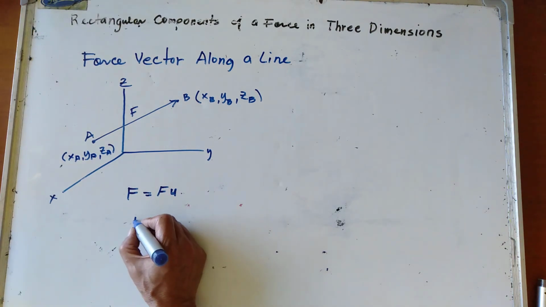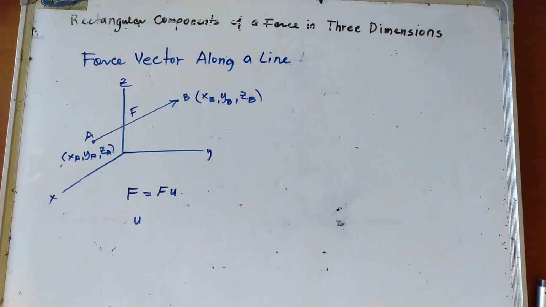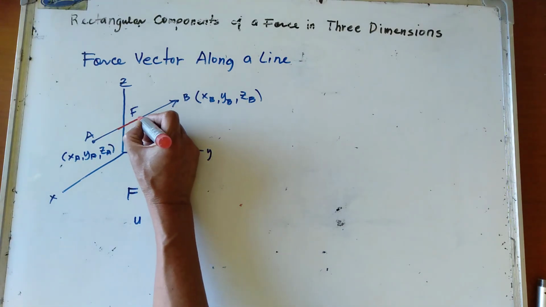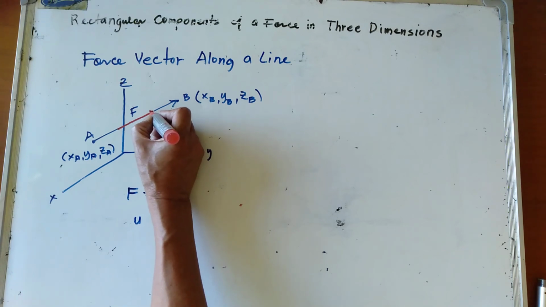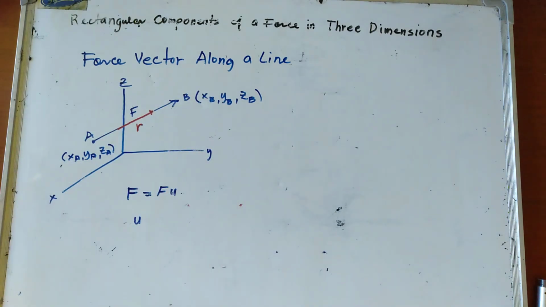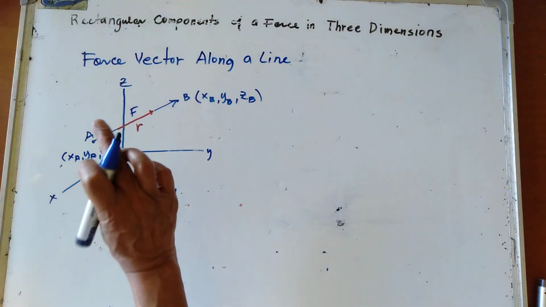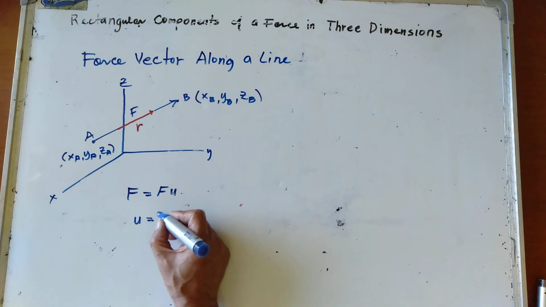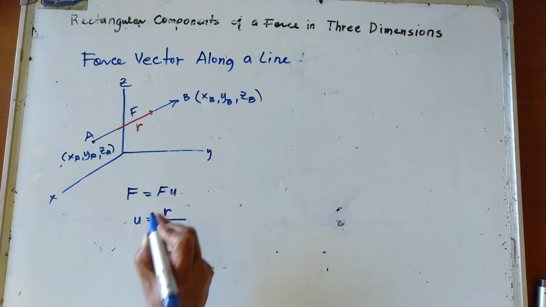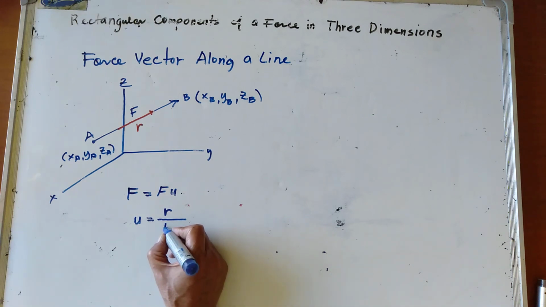And we define the unit vector as follows. At this point, I will introduce a position vector along the line of action of the vector F. This is now your position vector, the vector r. The unit vector is equal to the position vector r divided by the magnitude of that position vector.